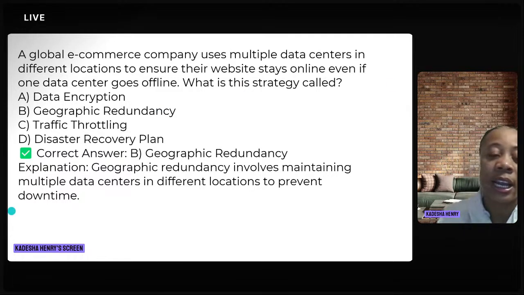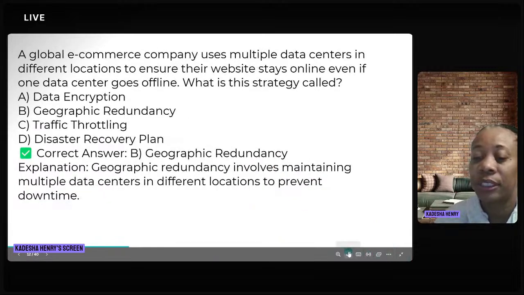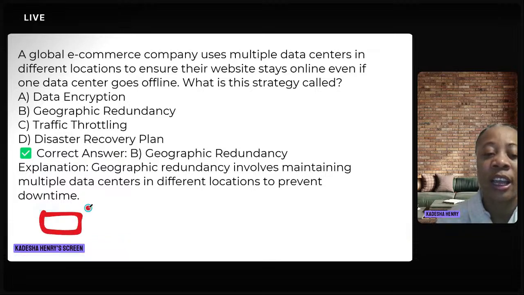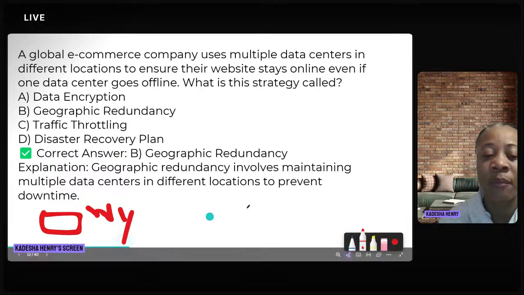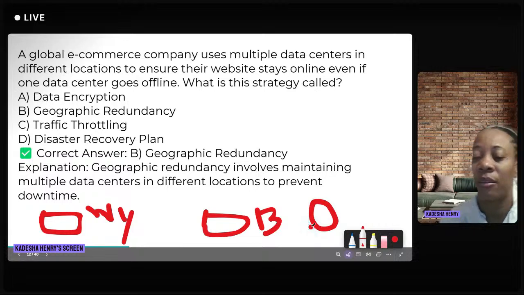So let's say you have one data center here in, let's say, NY, and then maybe you have one in Brooklyn, and maybe you have another data center in another place, whatever that place is.